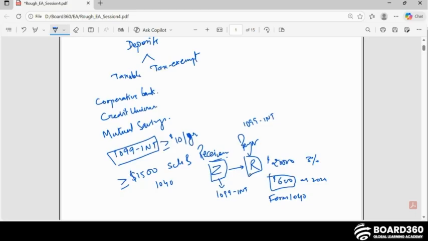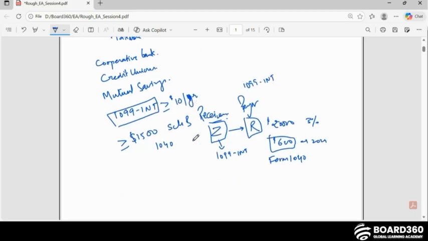Now, there can be a situation where a taxpayer receives a non-cash gift for making deposits or opening an account in a savings institution, right? Like in a bank, in order to open an account, the banker may give a gift as interest income.